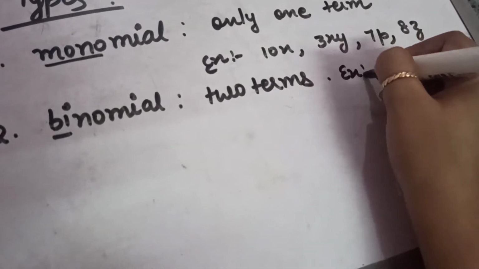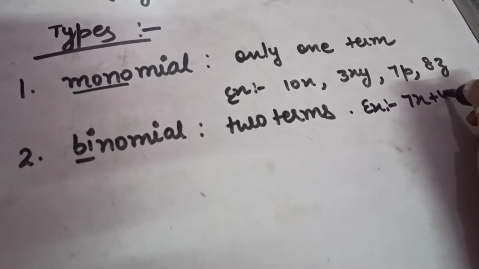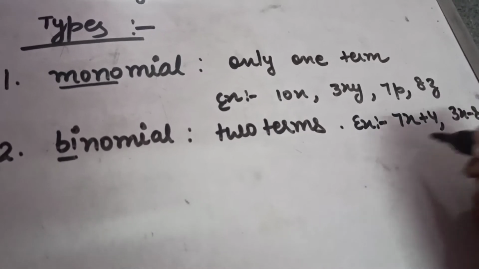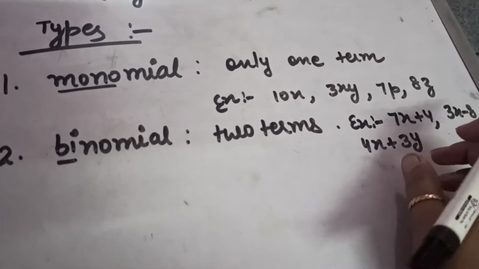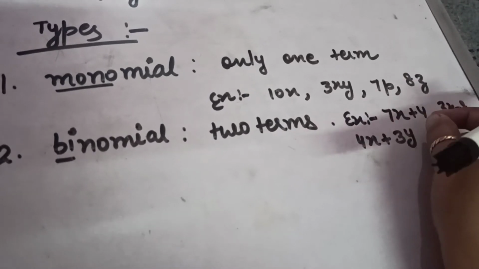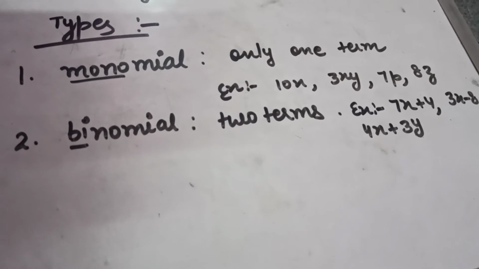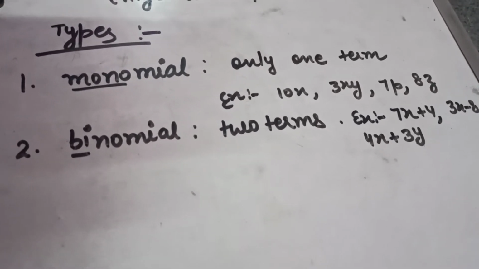Example, you can say 7x plus 4, 3x minus 8, 4x plus 3y. Means two terms. One, you can say, with variable and second is constant. Two terms are there. So that is binomial.